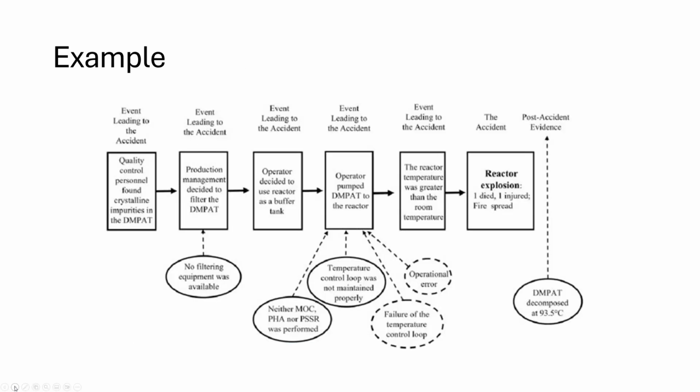And here's another one here. So we've got events leading to the accident, and then the accident, and then we have post-accident evidence. And some of these little bubbles below, right, these would be conditions, as well as some presumptive conditions here.